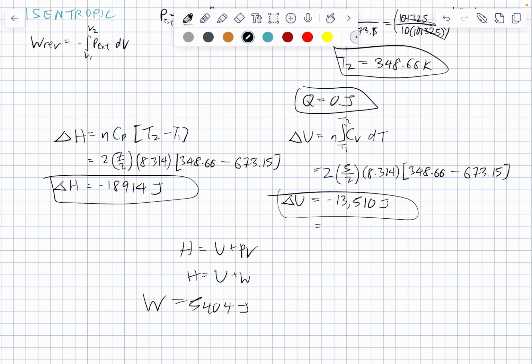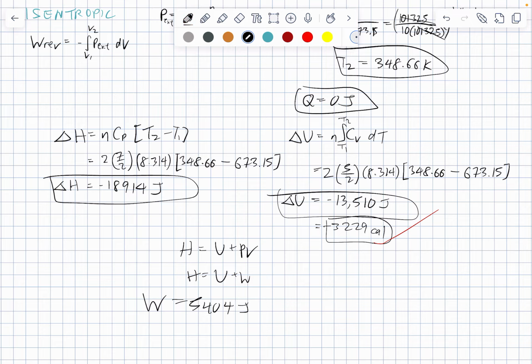The answer key is in calories. 3,229, approximate, sure. The answer key is negative 3224.